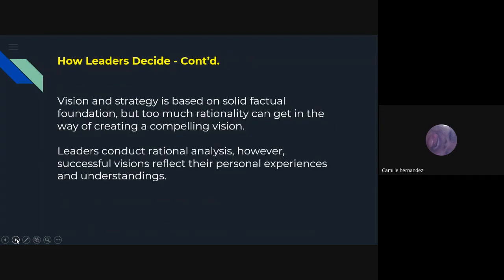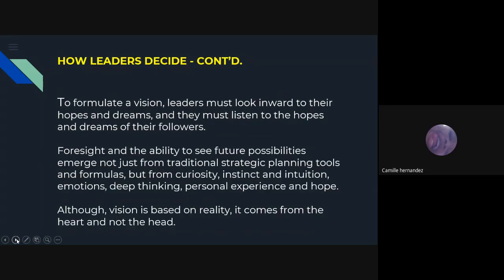Vision and strategy is based on solid factual foundations, but too much rationality can get in the way of creating a compelling vision. Leaders conduct rational analysis, however, successful visions reflect their personal experiences and understandings. To formulate a vision, leaders must look inward to their hopes and dreams, and they must listen to the hopes and dreams of their followers.